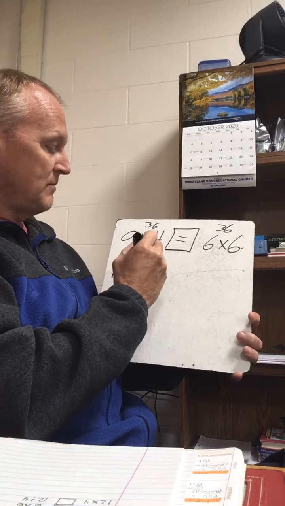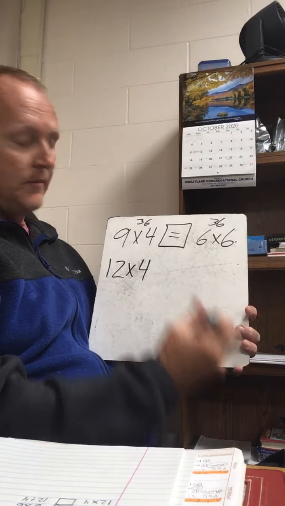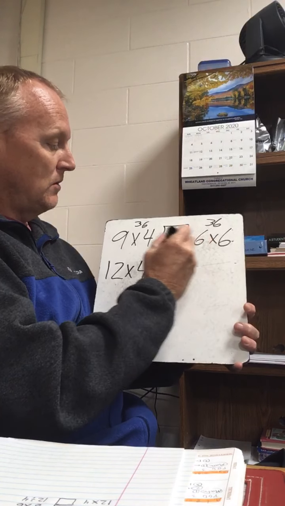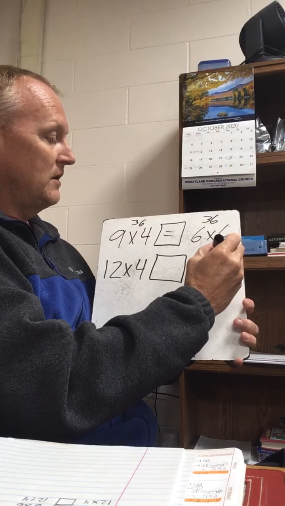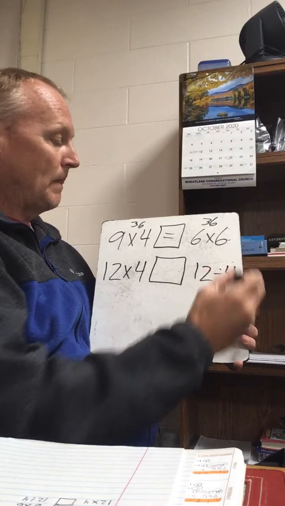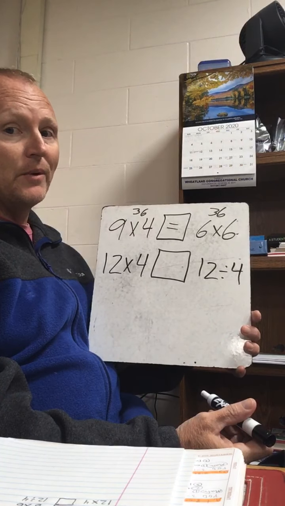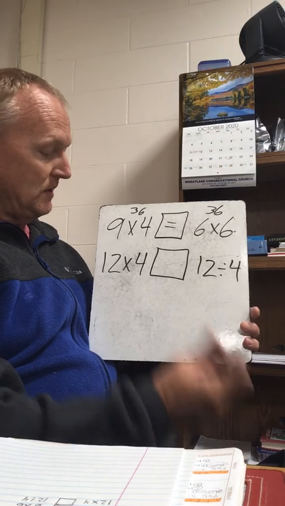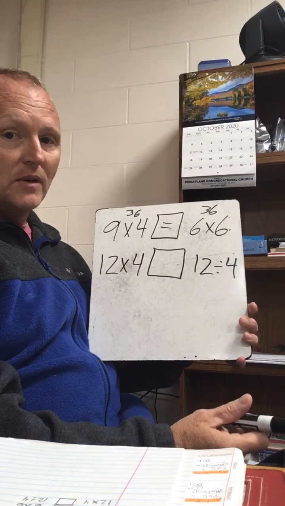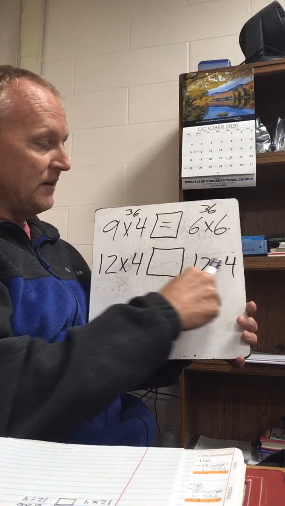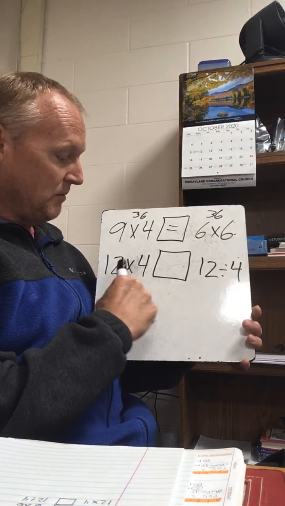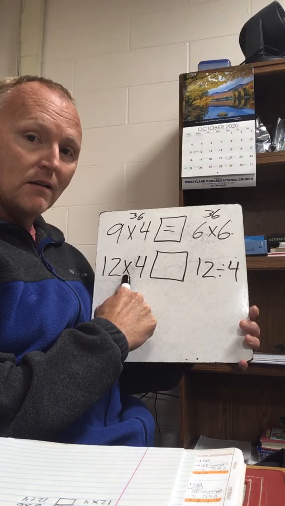All right, let's try this one. 12 times 4 being compared to 12 divided by 4. Now, both of these you could figure out, but you really don't even need to. You start with 12 with both of them. This one has multiply, this one has divide. When you multiply numbers, they always get bigger.